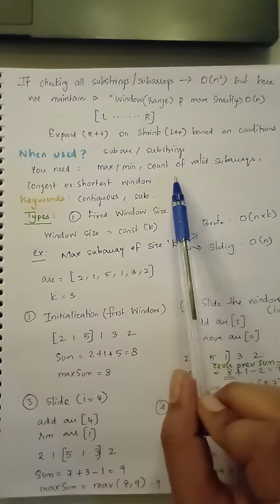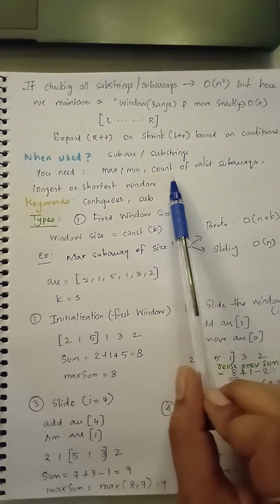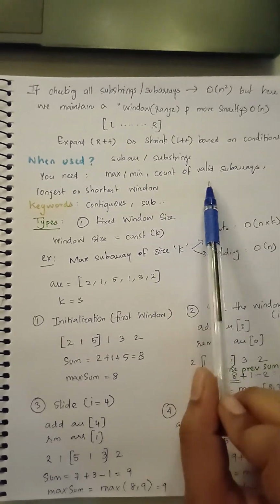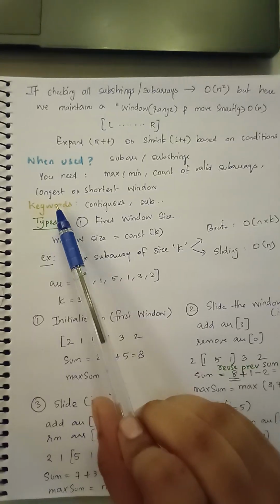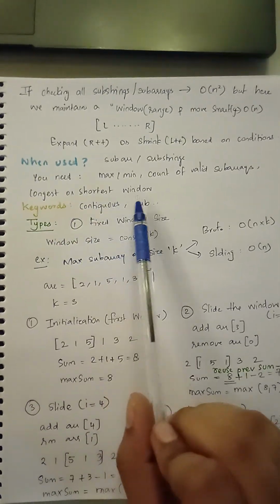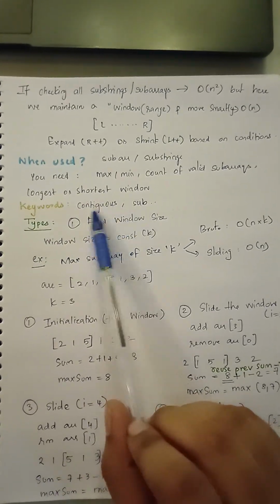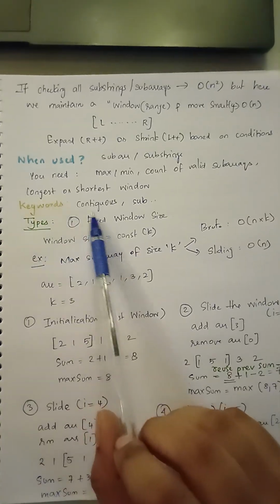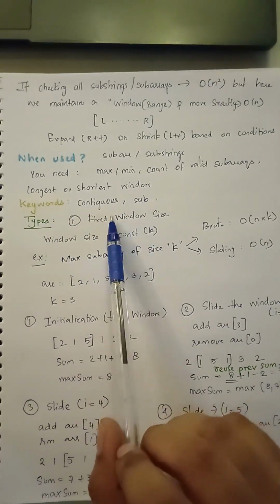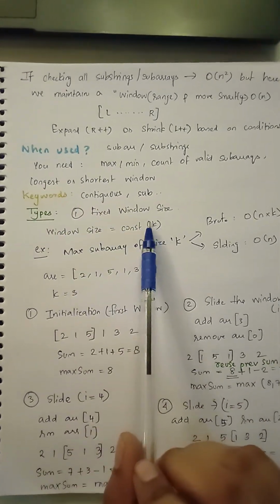We need to count how many subarrays are there and they are all valid, and we need to find the longest or shortest window possible in the given array. So as I told earlier, these are the keywords. Let's move on to the types.